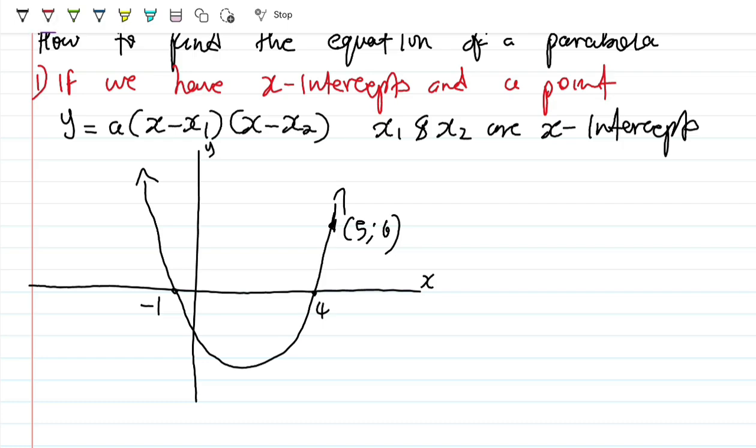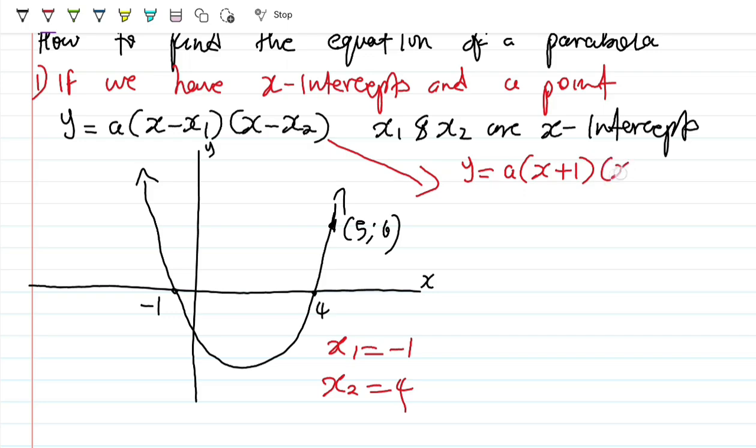Our x1 is going to be -1, and x2 is going to be 4. Let's substitute everything. y equals a into (x minus -1), which is going to be x plus 1, into (x minus 4).